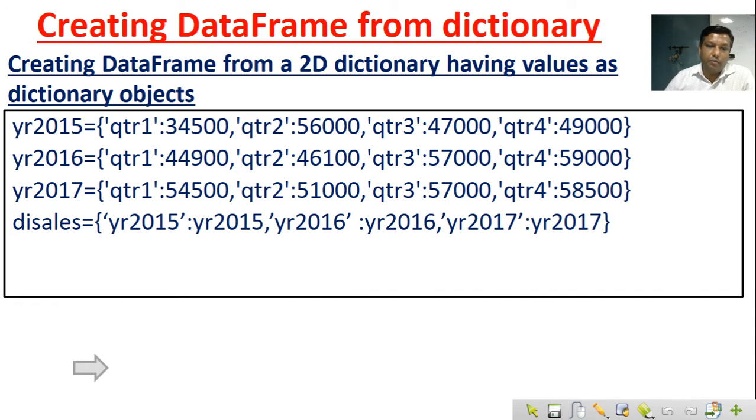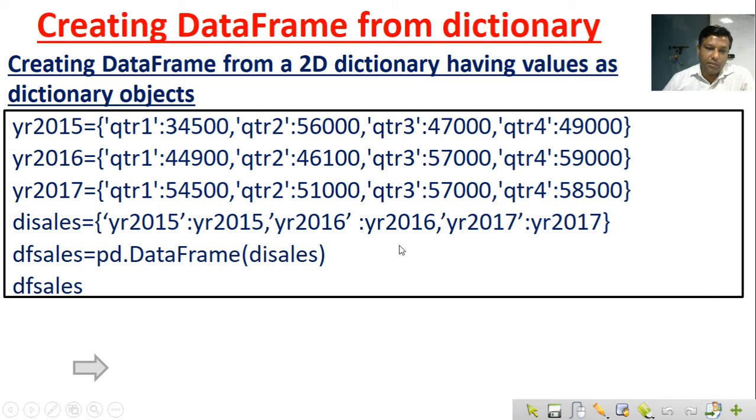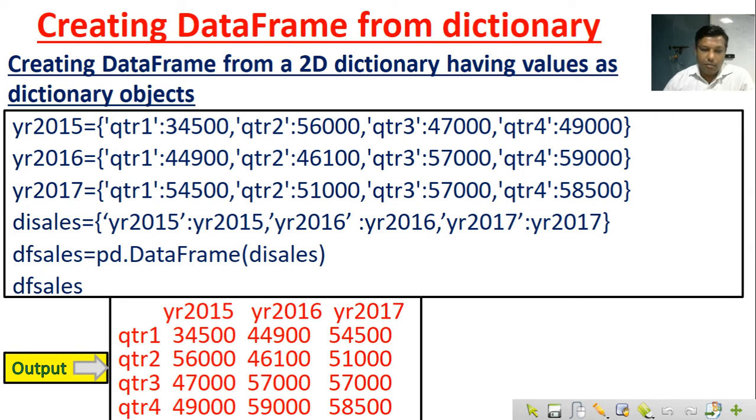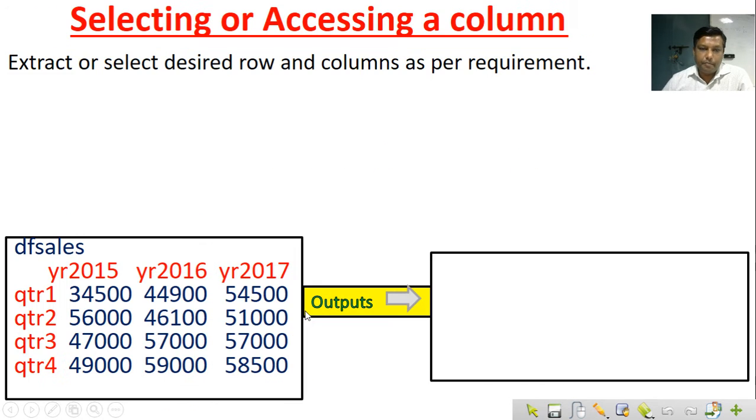Then we create a DataFrame, which looks like this: quarter 1 to quarter 4 are the row index, and year 2015, year 2016, year 2017 are the column index.